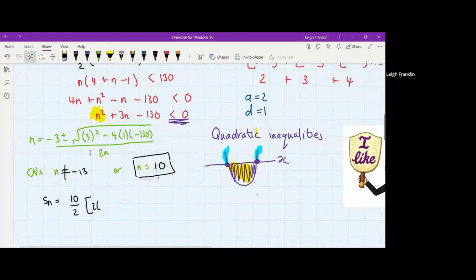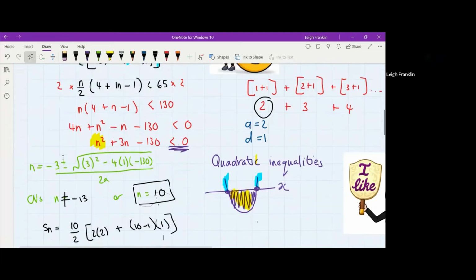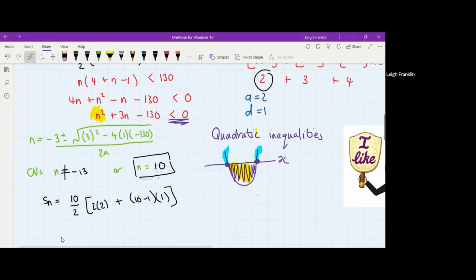The value of a in this case was 2. So the value of a is 2 plus 10 minus 1, and our difference was 1, wasn't it? Tell me what we get as an answer. 65. So we get exactly 65.